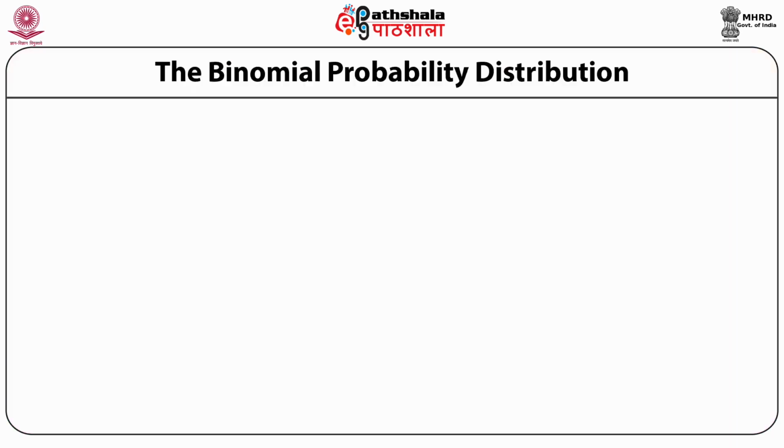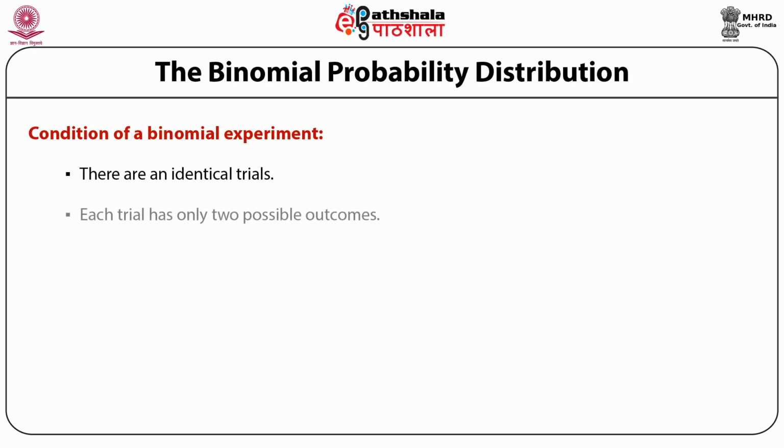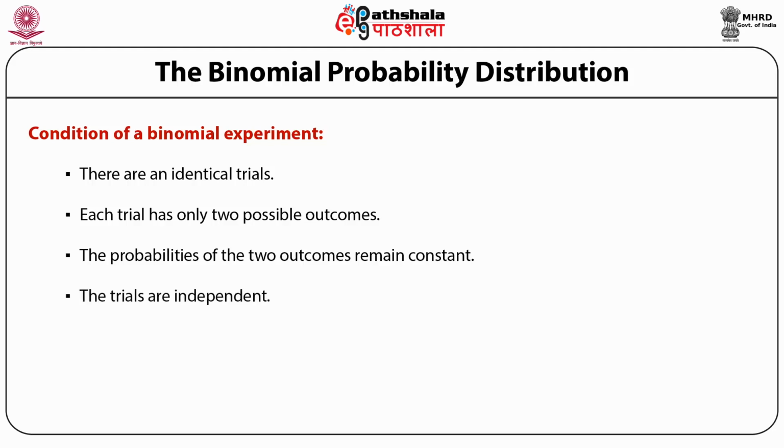In other words, the outcome of one trial does not affect the outcome of another trial. These are the different conditions of a binomial experiment: there are n identical trials, each trial has only 2 possible outcomes, the probabilities of the 2 outcomes remain constant and the trials are independent.